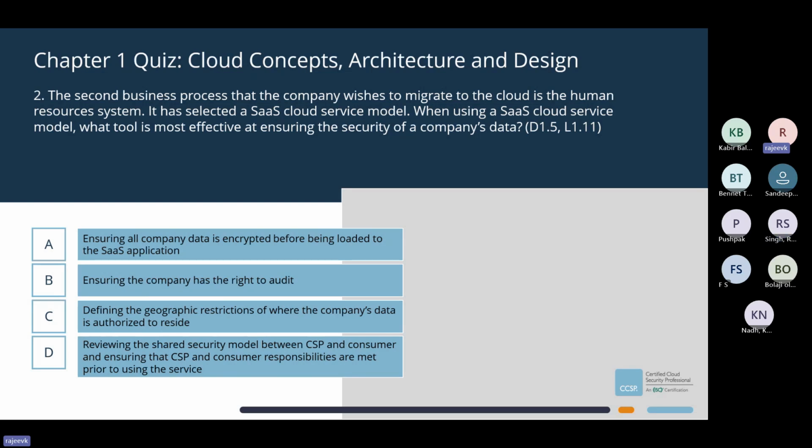Because here we first understand how the CSP and consumer work and what exactly the provider will do for us. And then based on that, we understand what we have to do. So before you make a decision that I'm going to encrypt the data and then send it to the SaaS, you first need to understand what the provider is doing for you and what you have to do before you can do anything, right?